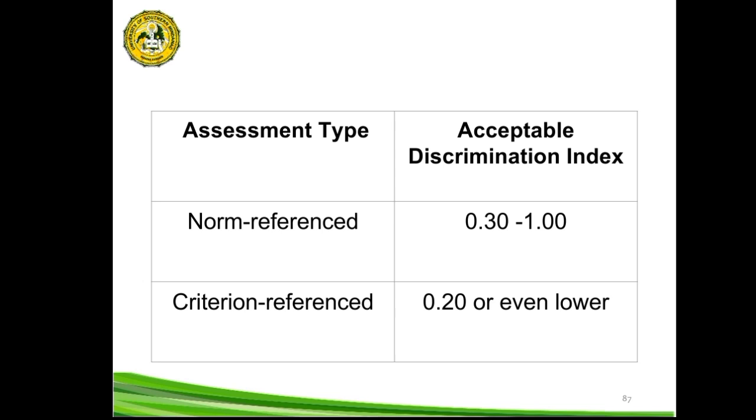The acceptable discrimination index in norm reference is 0.30 to 1.00, while for criterion reference assessment it is 0.20 or even lower. In criterion reference assessment, a lower discrimination index doesn't always mean a bad item. It might just mean most students master the skill, which is a good thing.